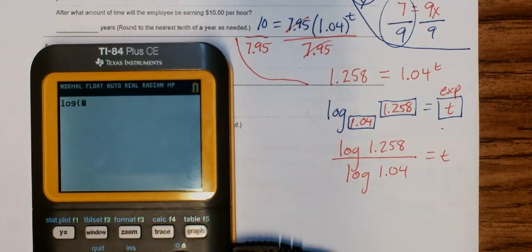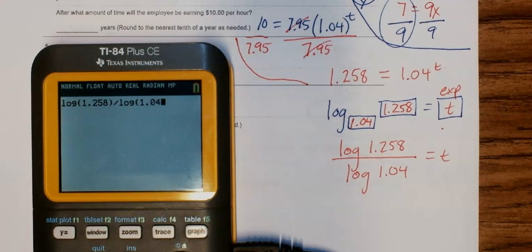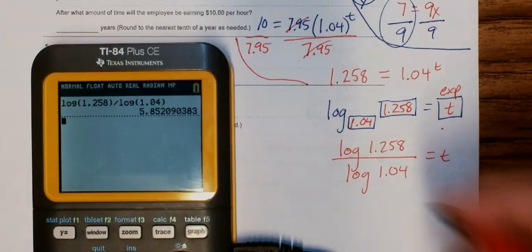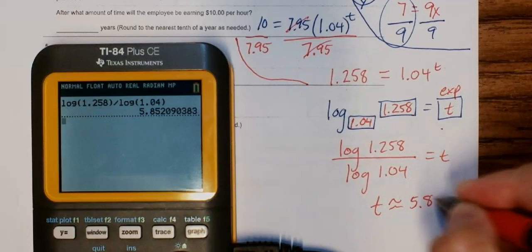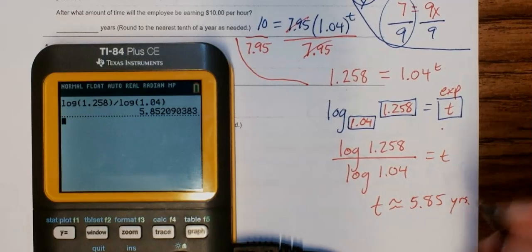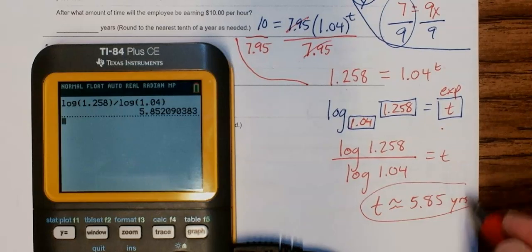Log 1.258 divided by log 1.04. Hopefully you remember typing these things on calculators or Desmos. And in this particular case, we get a t-value of 5.85 years.